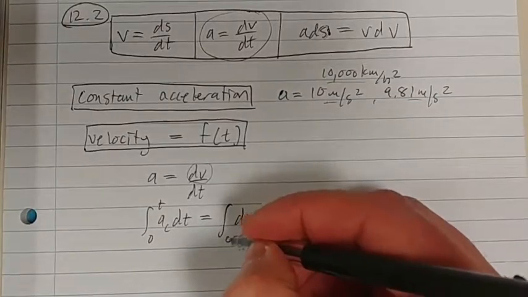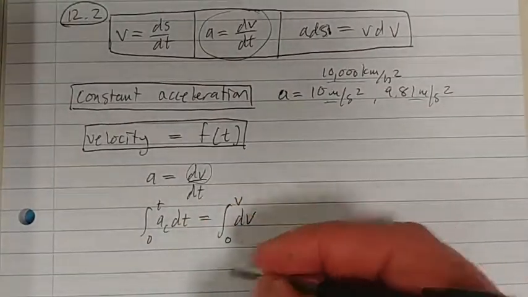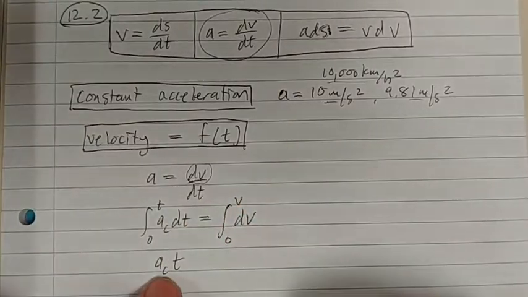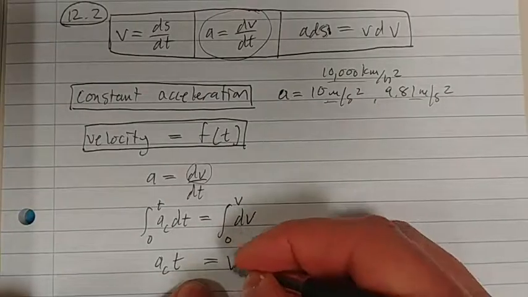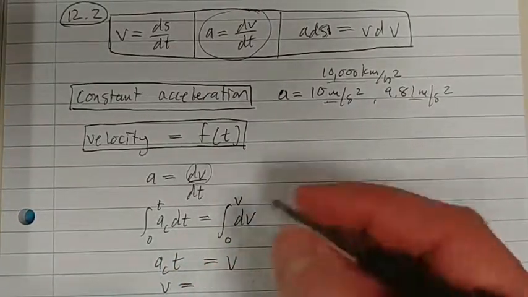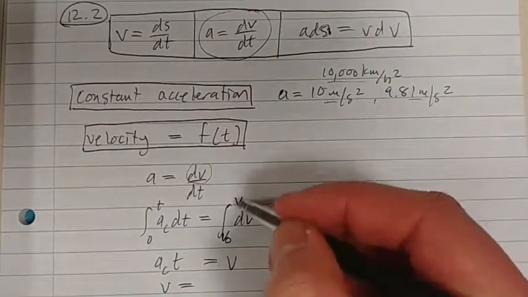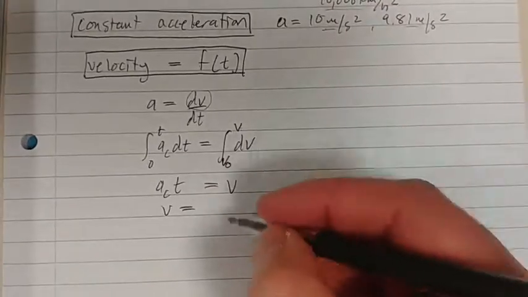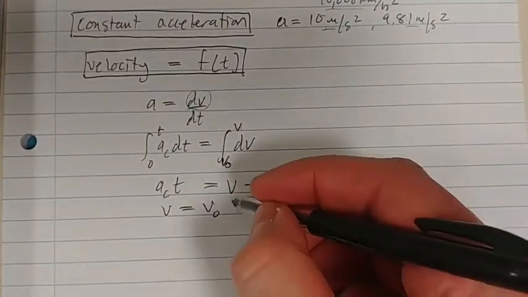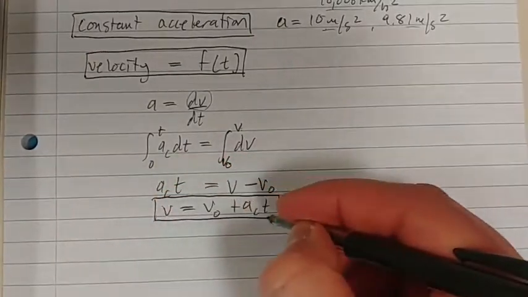We get a constant times time, and if we rearrange, this becomes v minus v0, so v = v0 + at. I'm sure we've seen this one.